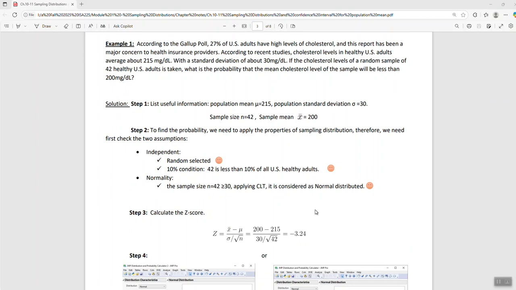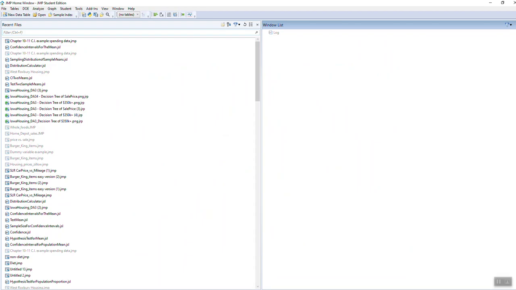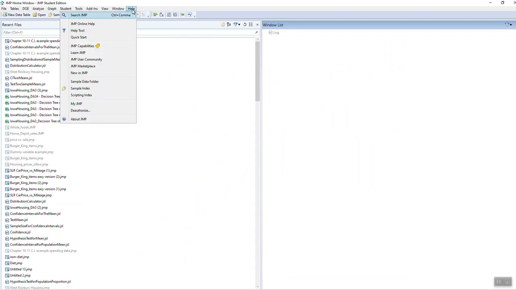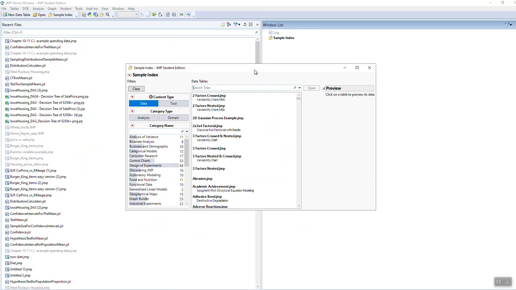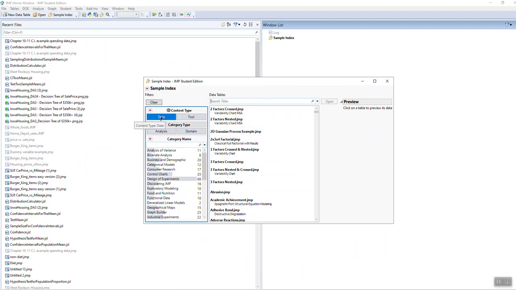That will be quite easy steps. In this case, we go to JMP, and then go to Help. In Help, there is one option called Sample Index. Click that. From here, you can see there are two types of contents.